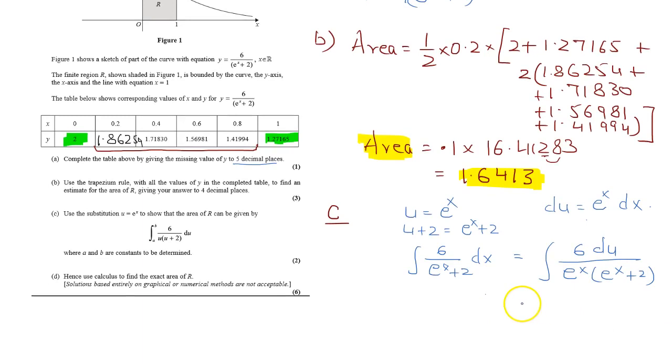So that is equal to the integral of 6 du over e to the power x, which is u, and u plus 2, with limits a to b.